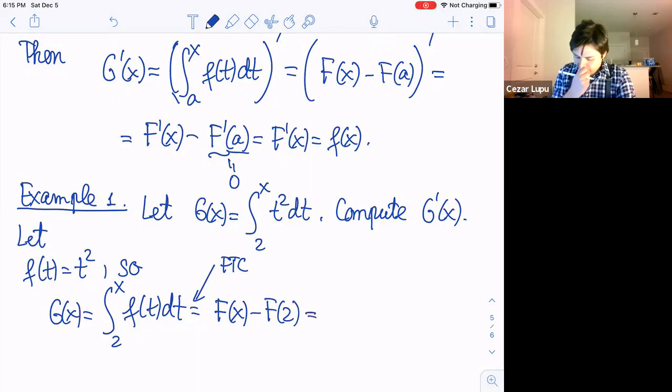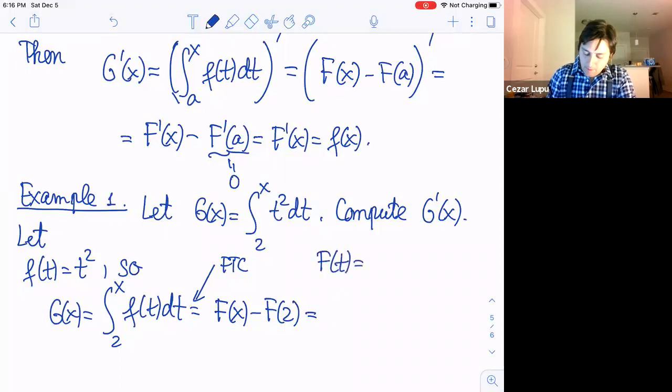So the antiderivative will be, in fact, yes, so it will be what? So it will be t cubed over 3, right? Okay, let me write it here.